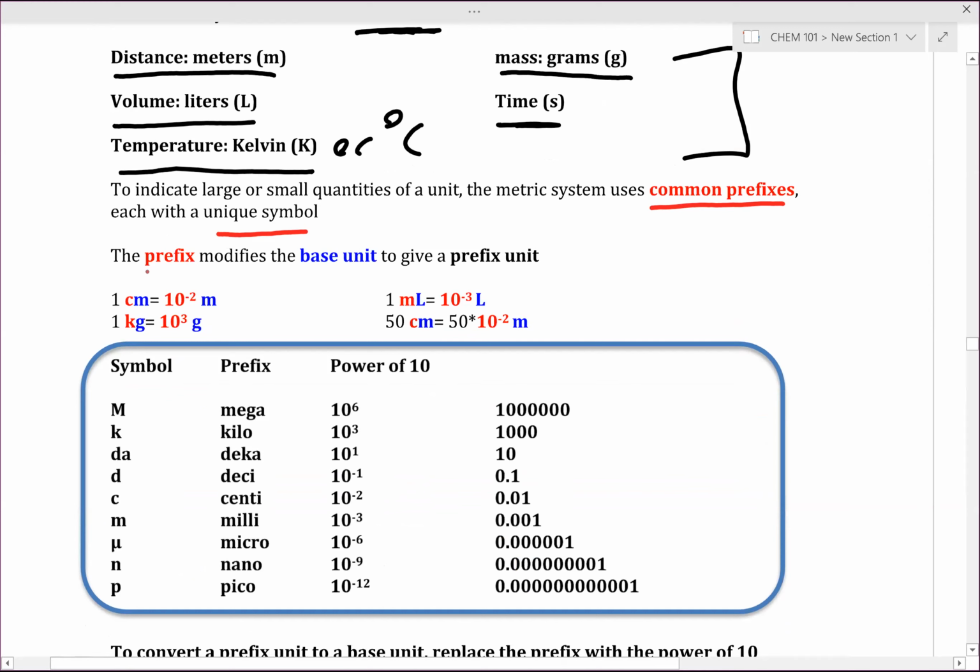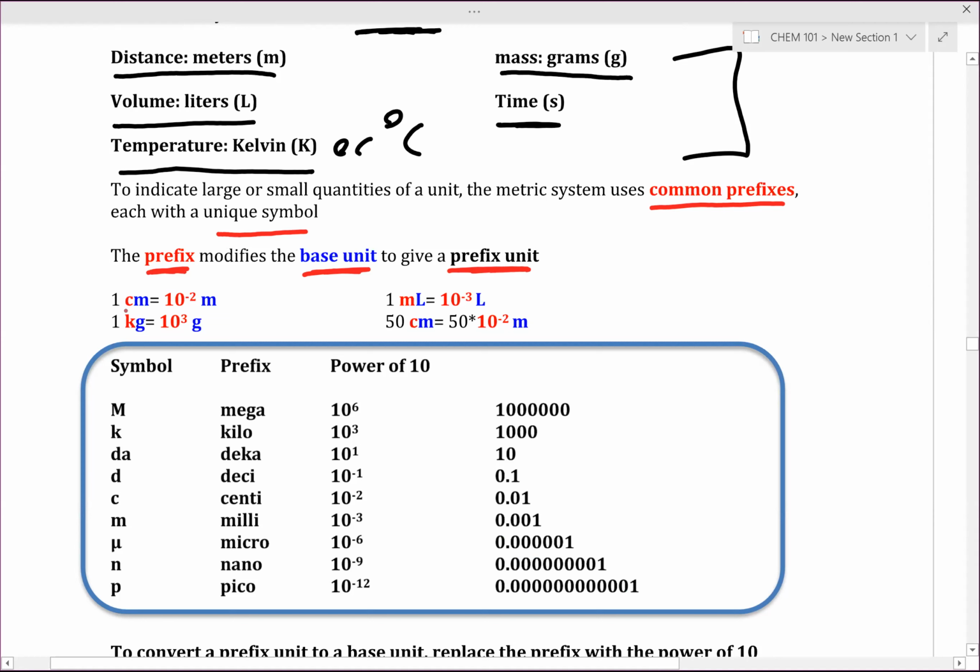So the prefix modifies the base unit to give a new prefix unit. And each of these prefixes corresponds to a power of 10 quantity of our base unit. So the prefixes are essentially describing very large or very small amounts of our base unit.